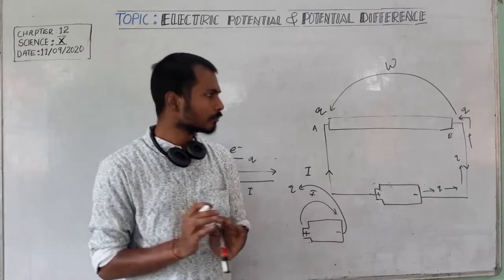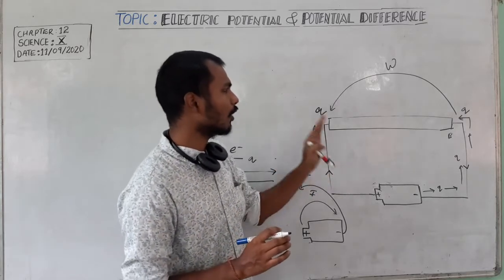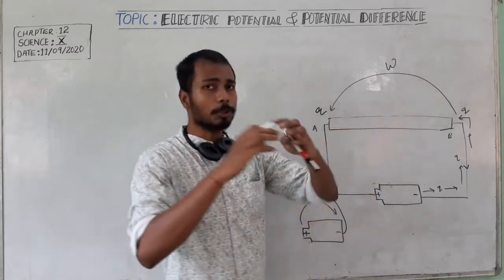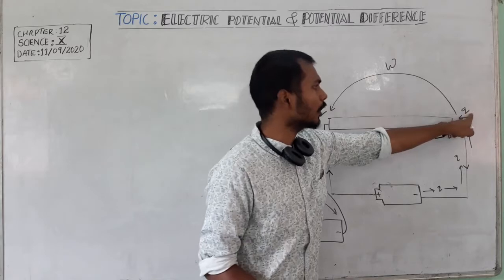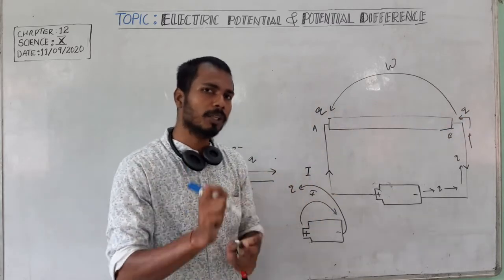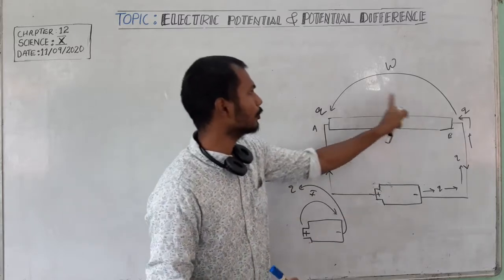What is the value of work done per unit charge? Say W is the total work done to move Q amount of charge from this point to this point, then what is the work done in moving a unit charge from this point to this point?